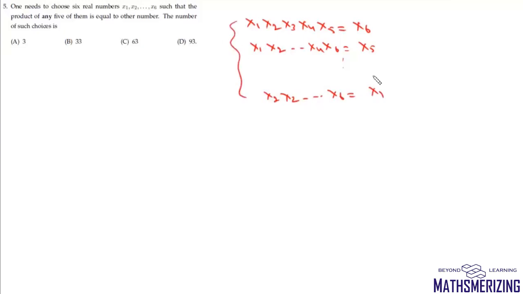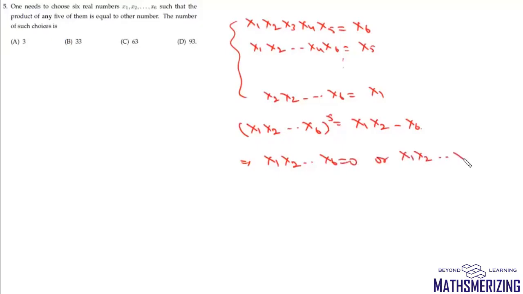Now what we'll do is multiply all these expressions. On the left hand side we'll get (x1 x2 up to x6) whole to the power 5, and on the right hand side we'll get x1 x2 up to x6. So from here we'll get either x1 x2 up to x6 is 0, or (x1 x2 up to x6) to the power 4 is equal to 1.